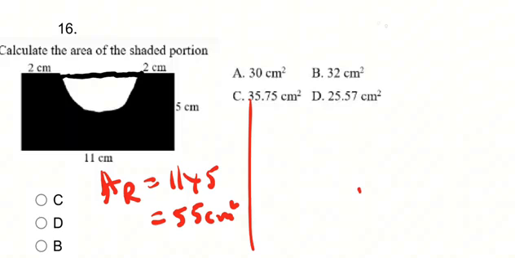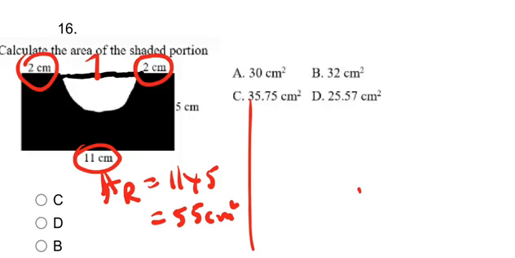We're given this side 2, this one 2, that is 4, and we have this one to be 11. Subtracting 4 from 11 gives 7. So the diameter here is 7. Hope I'm making sense.